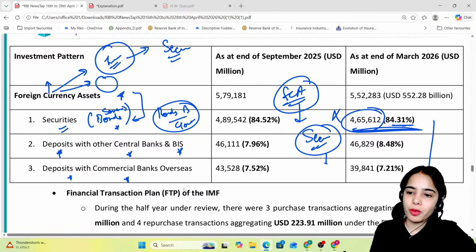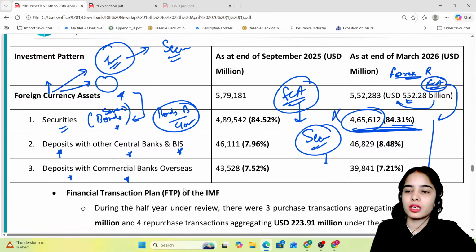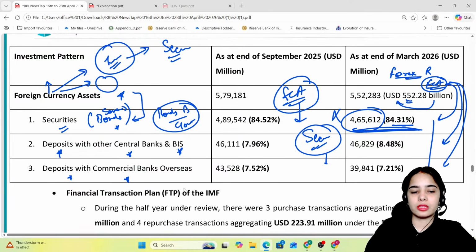Remember the percentages from highest to lowest. Okay. So in the forex reserves, $552.28 billion is in the foreign currency asset, which is invested as well as deposited so that the RBI can earn the returns.